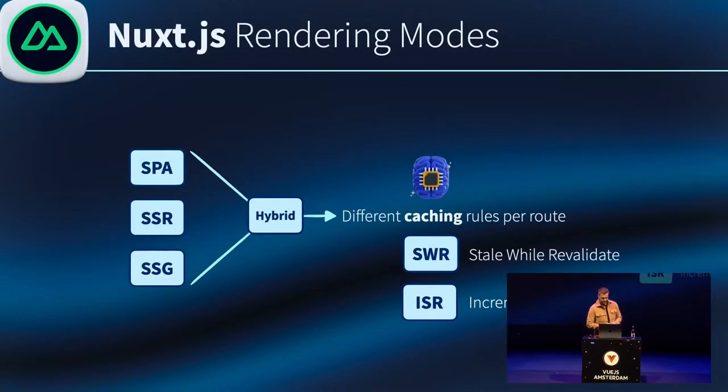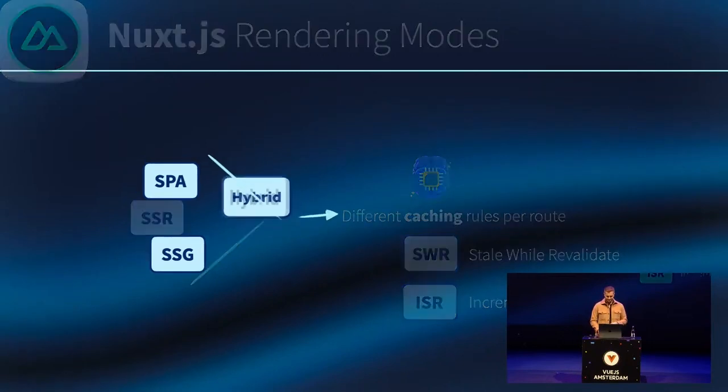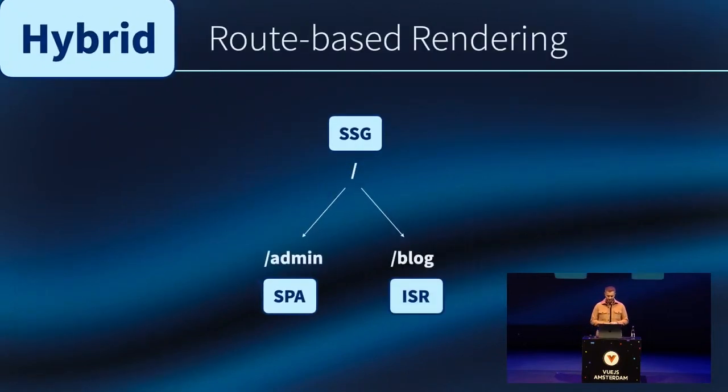So now that we understand how all these caching modes work, let's look at how we might set up a route rule-based rendering strategy for an app. Let's say we have a home page that would be great as a statically generated page. Our admin dashboard could function well as an SPA, while our blog utilizes incremental static regeneration.